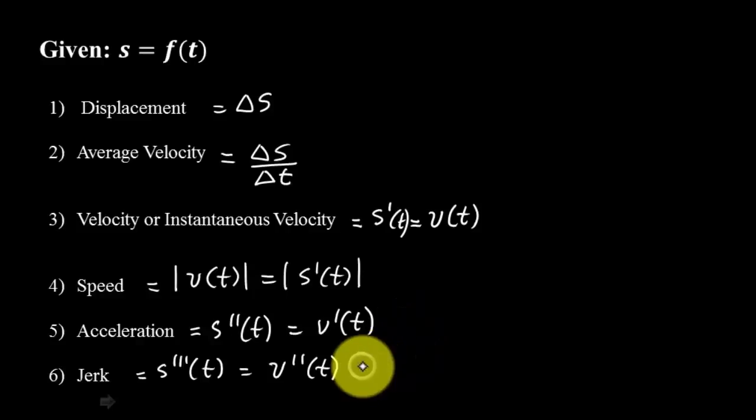And then of course when you have a jerk, it'll be feet per second cubed, or feet per hour cubed, and so on. It's just a distance over t cubed because of the third derivative with respect to t.